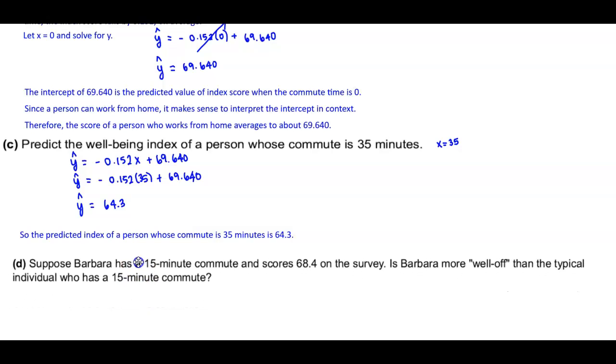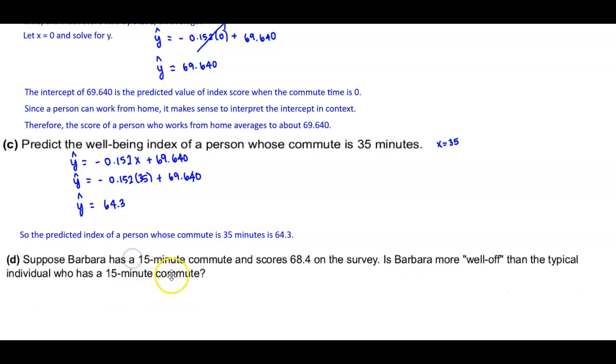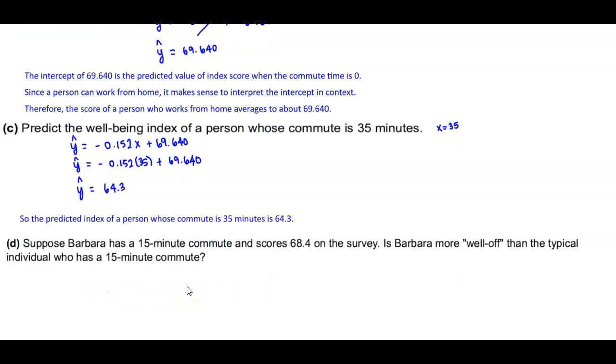Next it says, suppose Barbara has a 15-minute commute and scores 68.4 on the survey. Is Barbara more well off than a typical individual who has a 15-minute commute? Let's find out.